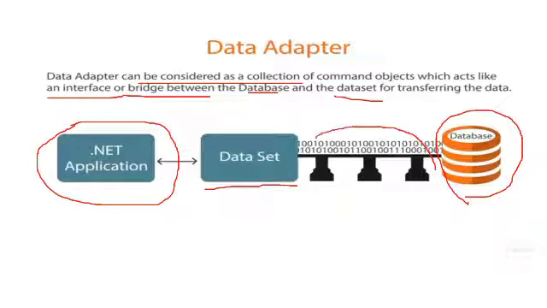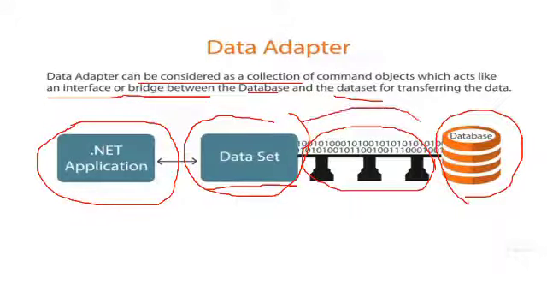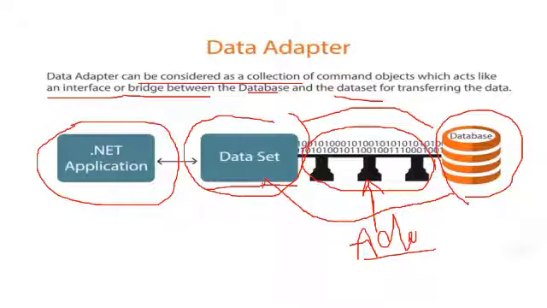So this one is your bridge between the dataset and the database. This is your data adapter. Through this only, the data goes from the database to the dataset, and again from the dataset to the database. Who is responsible for that? The data adapter.